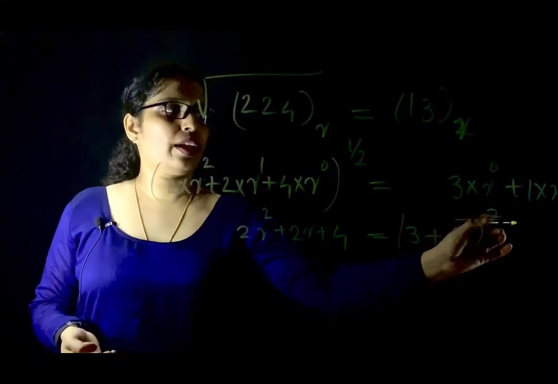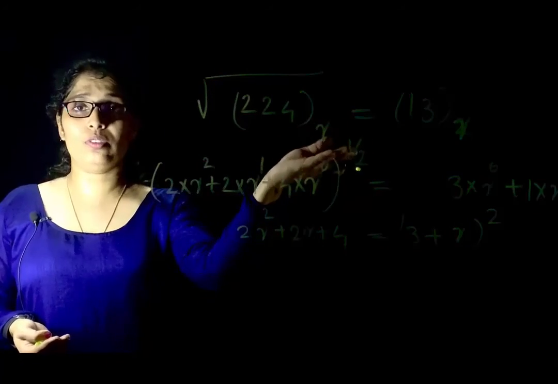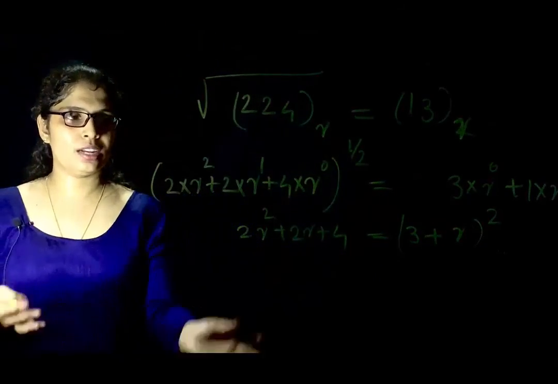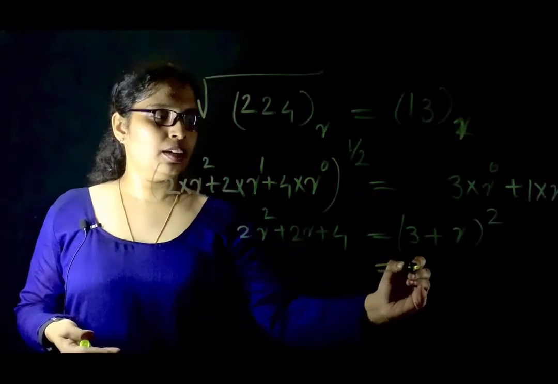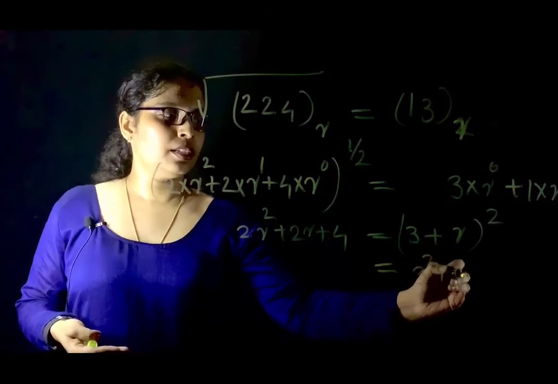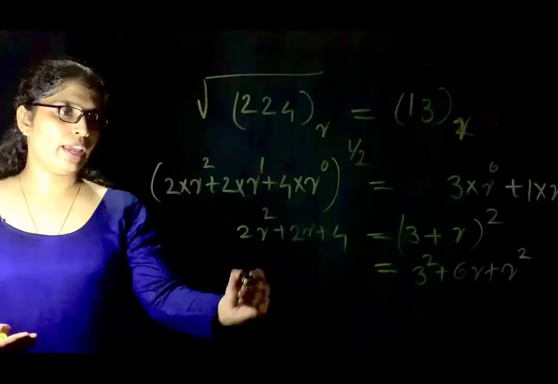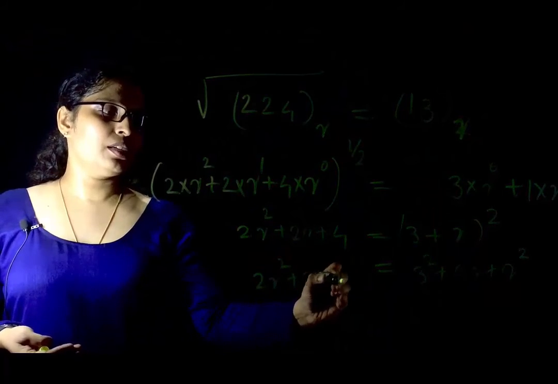In order to avoid the square root over here, simply take the square of both LHS and RHS. Now it becomes like this: A plus B whole square is 3 square plus 6R plus R square, and here it is 2R square plus 2R plus 4.